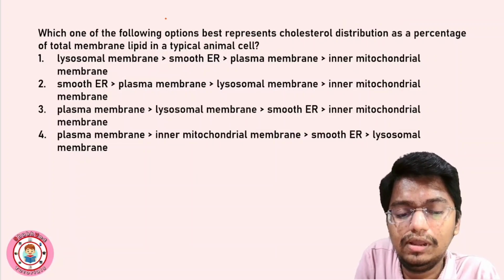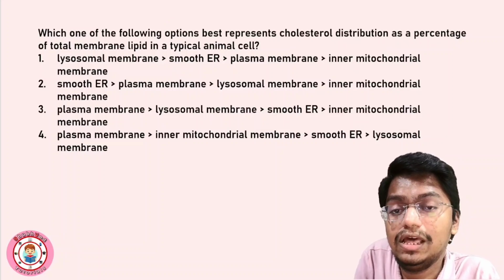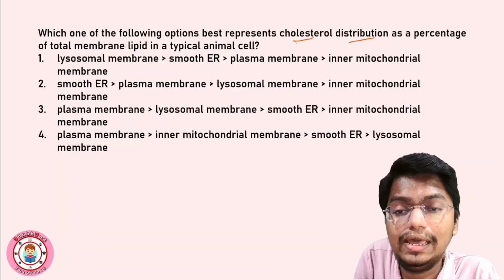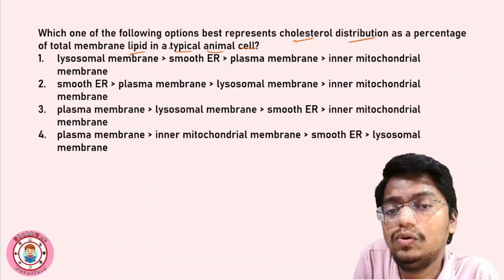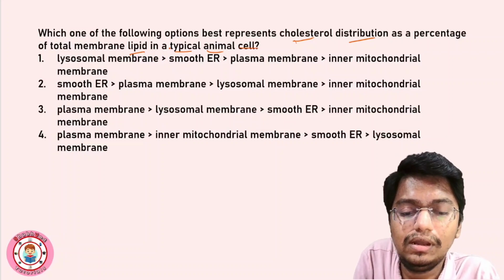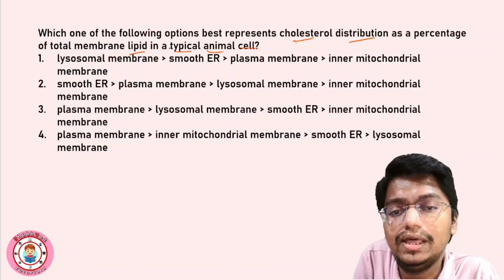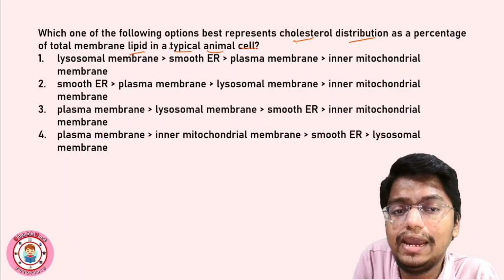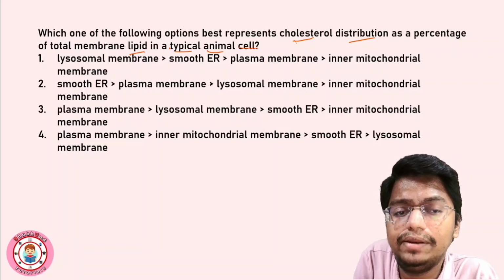Next question, which one of the following options best represents cholesterol distribution as a percentage of total membrane lipid in a typical animal cell? Okay, cholesterol distribution percentage. Now, if you don't know this, I will answer straight away and remember this. Cholesterol is found in high percentage in plasma membrane.